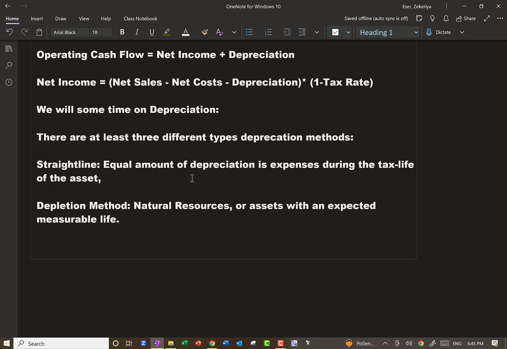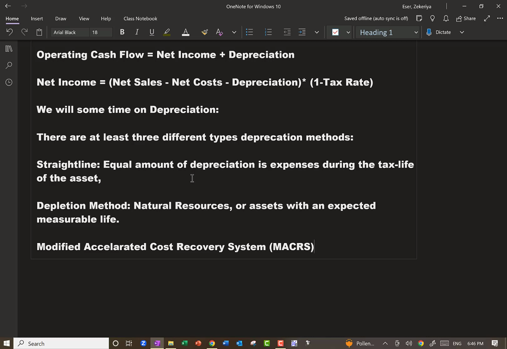The third one, which is more general and people prefer it, is called modified accelerated cost recovery system, affectionately known as MACRS.